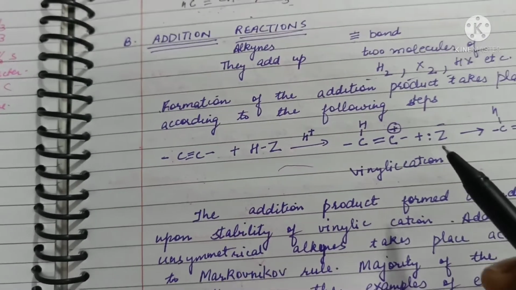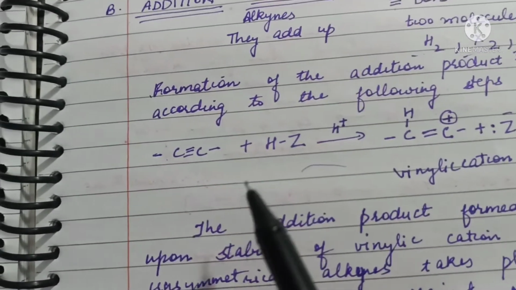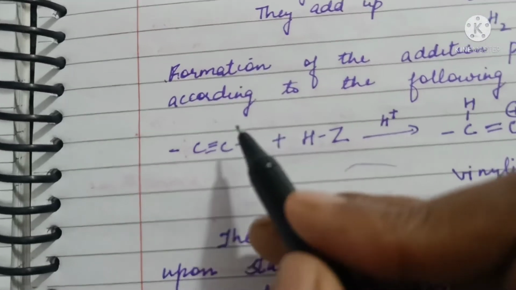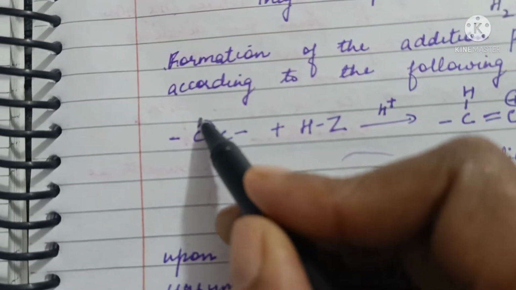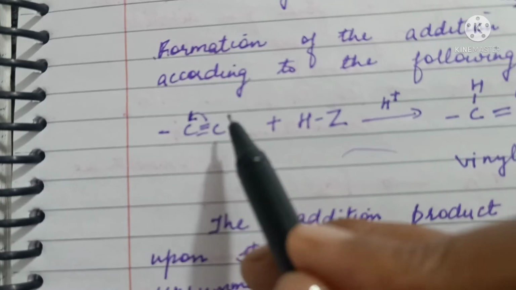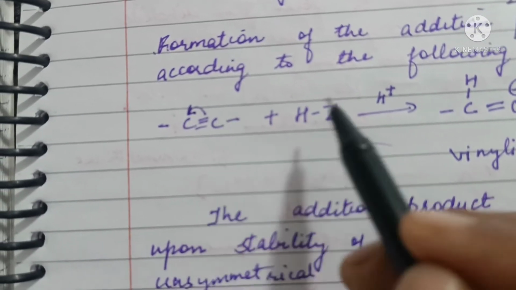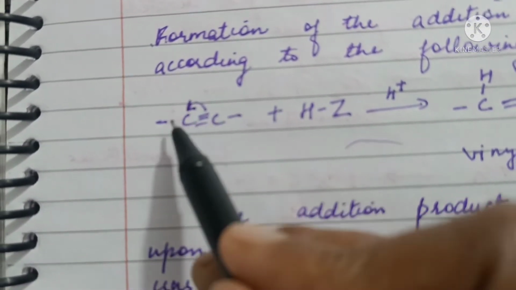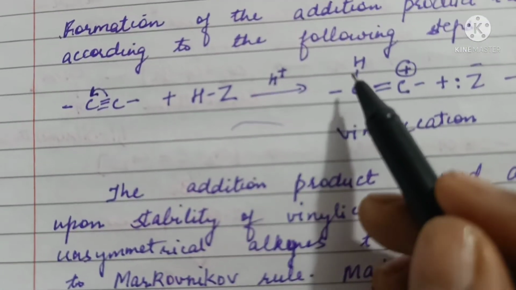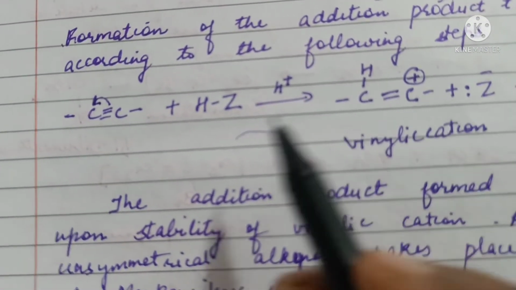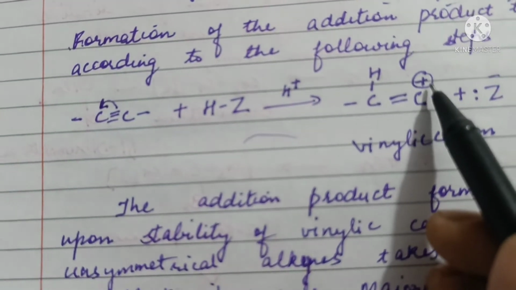And the formation of addition product will take place. First, hydrogen will be added. The pi electrons move to one of the carbon atoms. This becomes negatively charged, this becomes positively charged. The positively charged H goes to the negatively charged carbon and gets attached here, whereas the positive charge is left on the other carbon atom.